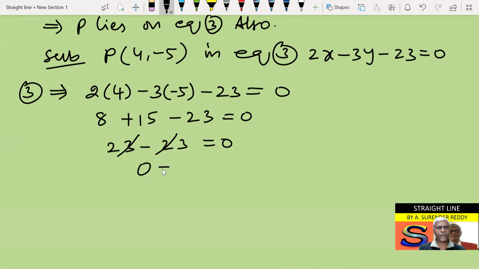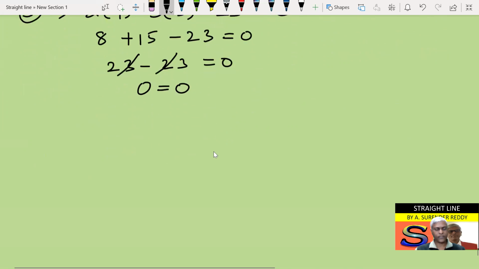Therefore, the point satisfies the third equation. Therefore, P is a common point. So all the given 3 lines are concurrent. Therefore, the given lines are concurrent.